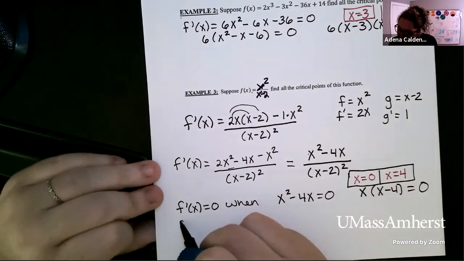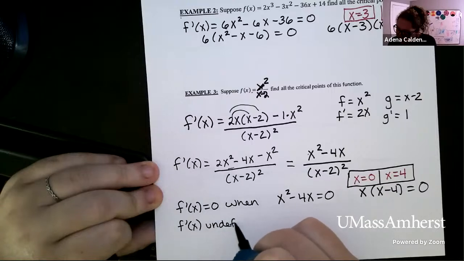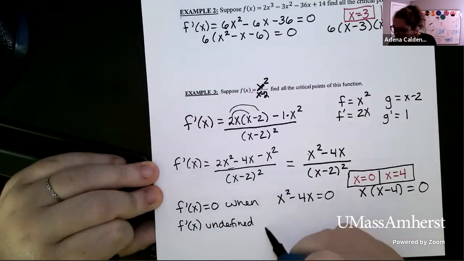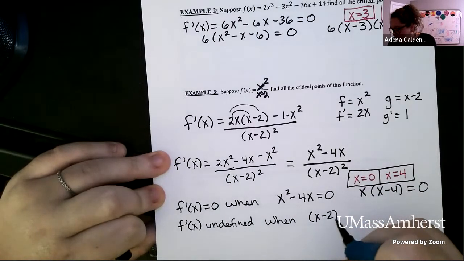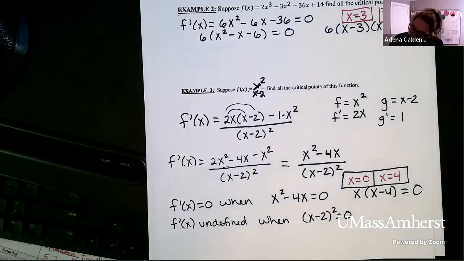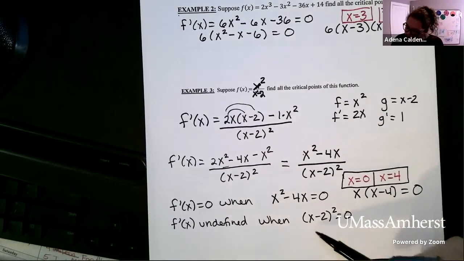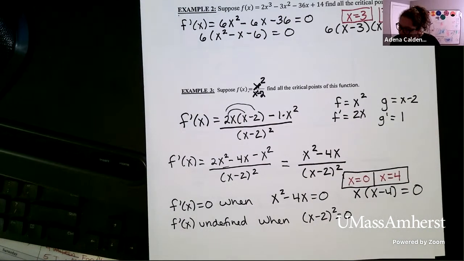Now my first derivative will be undefined. The second choice I have, when the denominator equals 0. Okay, so I also have to consider that. So x minus 2 squared, that will be 0 when x equals 2.